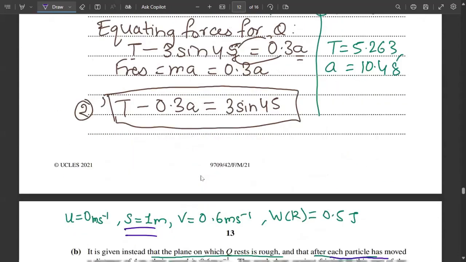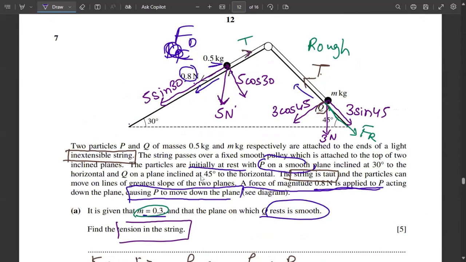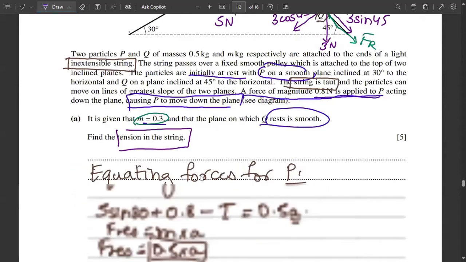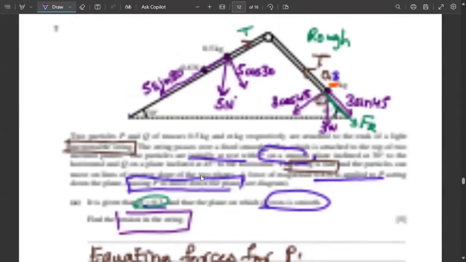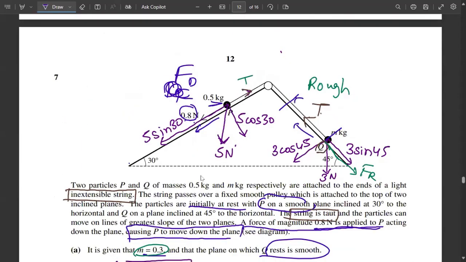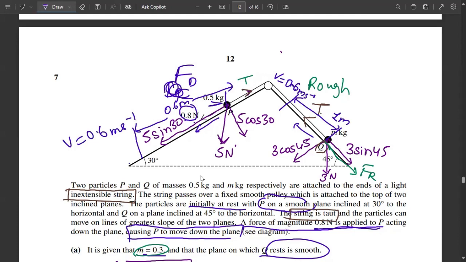So as this travels 1 meter, its speed is 0.6, and even this will travel 1 meter. The velocity will be 0.6 meter per second at the end, here and here, when the particle reaches here.